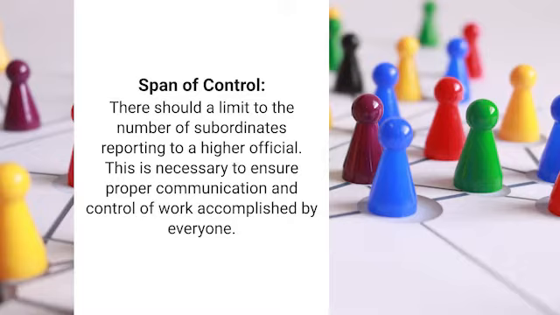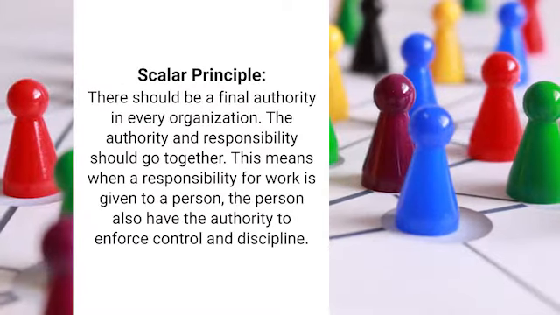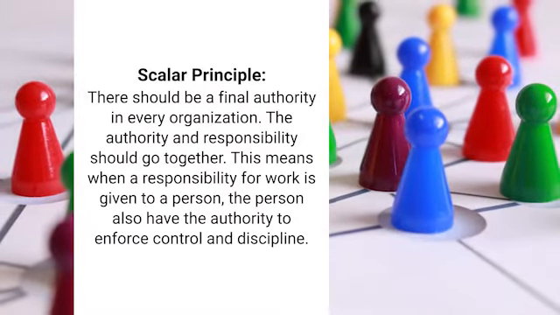This is necessary to ensure that proper communication and control of work is accomplished by everyone. Then another important principle is the scalar principle. There should be a final authority in every organization. The authority and the responsibility should go together. This means when a responsibility for work is given to a person, the person also has the authority to enforce control and discipline on that.